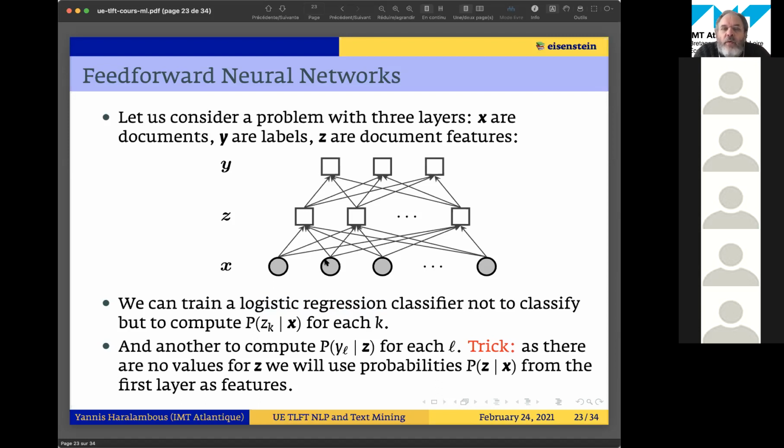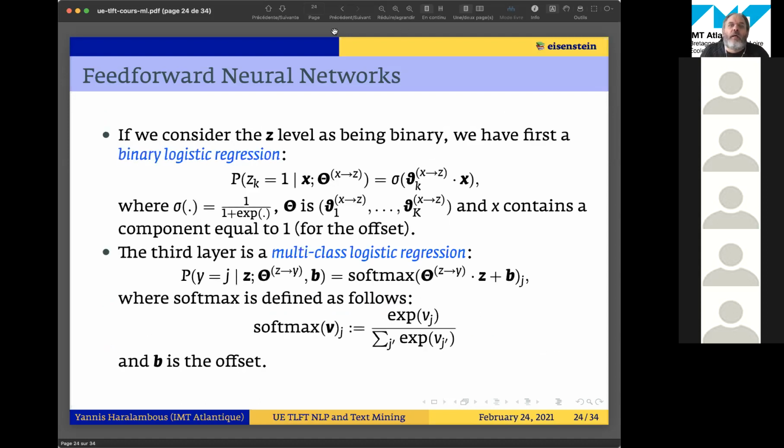So instead of using values for z, we will take the probabilities calculated by our classifier. And having this architecture and this trick, we get a feed-forward neural network.